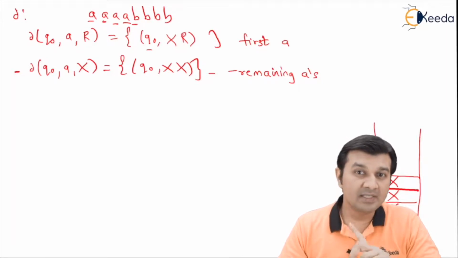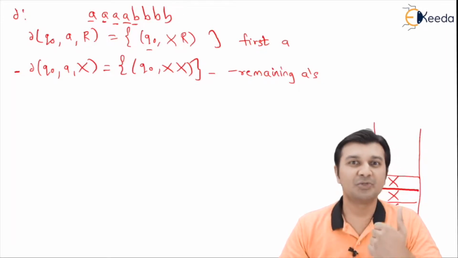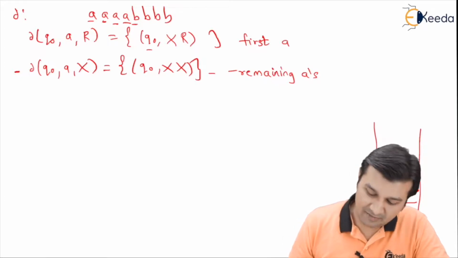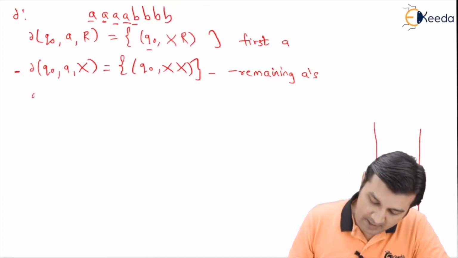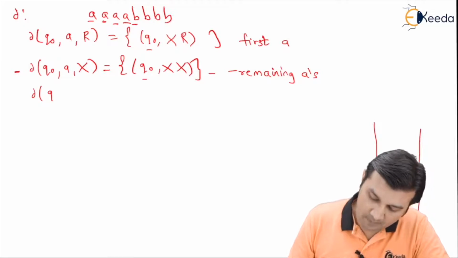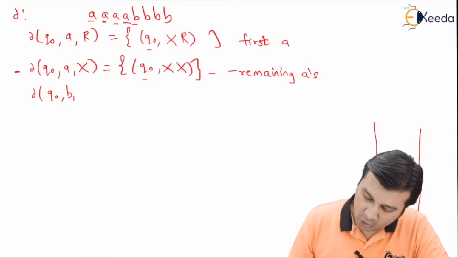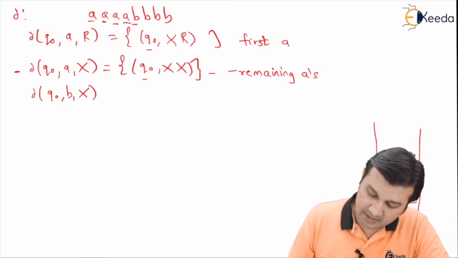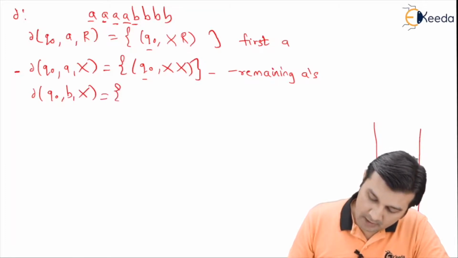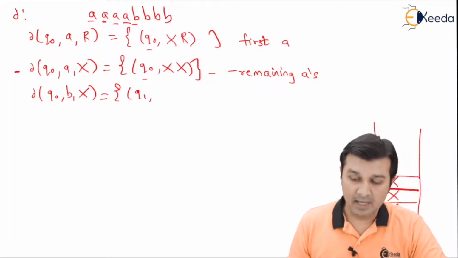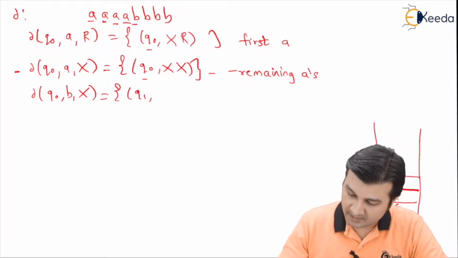Since the operation is changing, we are also going to change the state. So therefore I have delta, I have current state as q0, input symbol is my first b, and the stack top is my x. What am I going to do over here? I'm going to change the state and I'm going to pop this x.